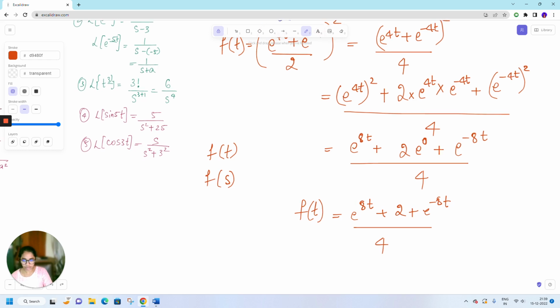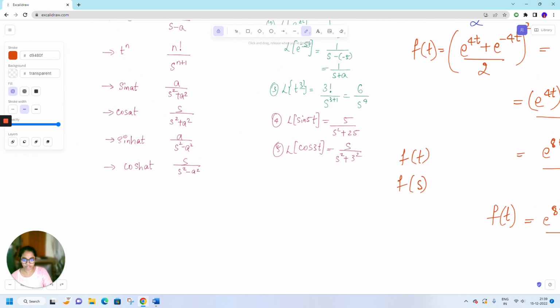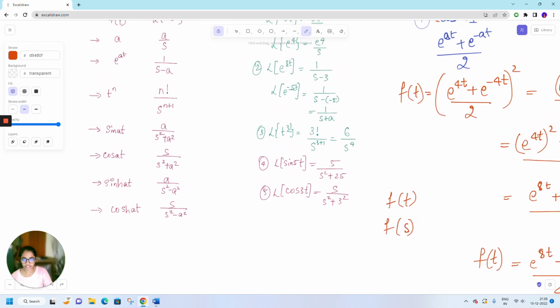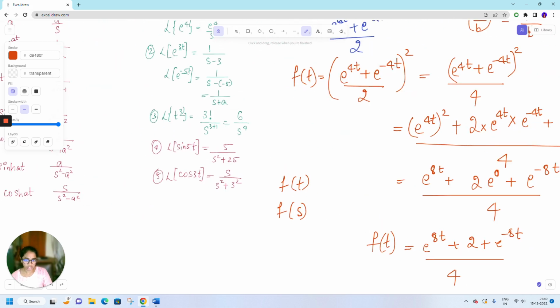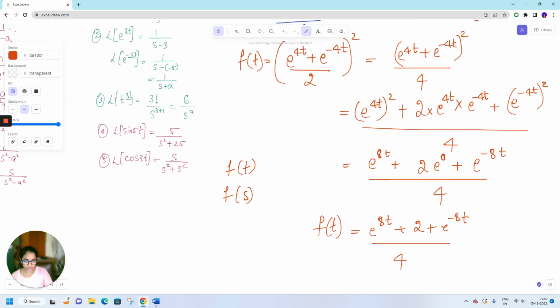If you see the formula list, you can observe on the left hand side you have everything in terms of t, and on the right hand side you have everything in terms of s. So you're basically converting a real valued function or a real value t to some complex value, that is s. So let us continue this problem.